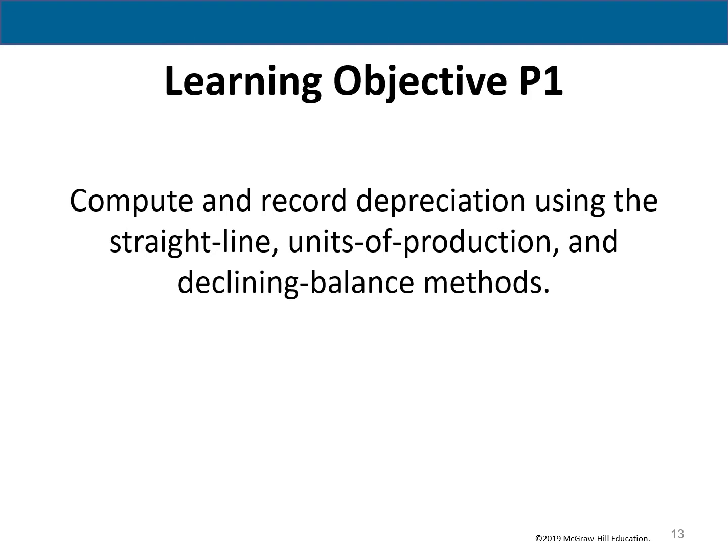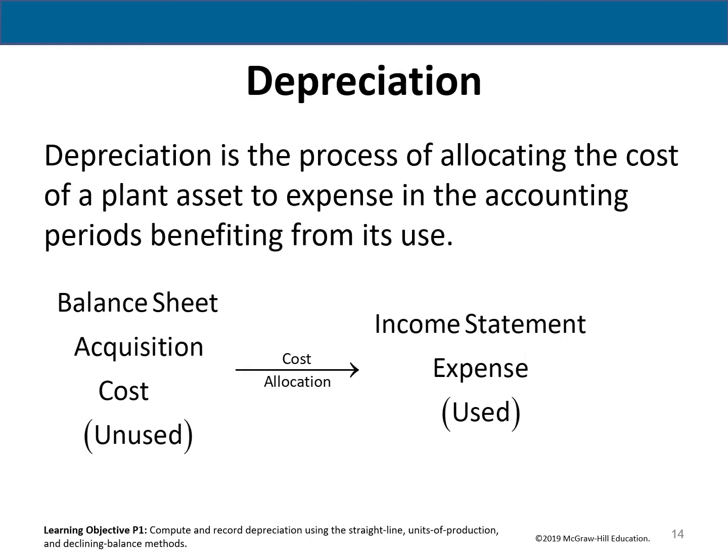Well, here are three different methods you have to choose from, and there's actually more, okay? But in Accounting 111, we try to keep it calm, and we only show you three of them. So again, depreciation is the process of expensing, allocating the cost of a plant asset to expense in the accounting periods benefiting from its use.